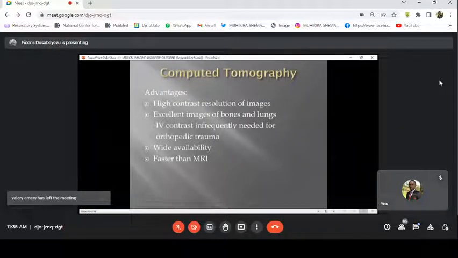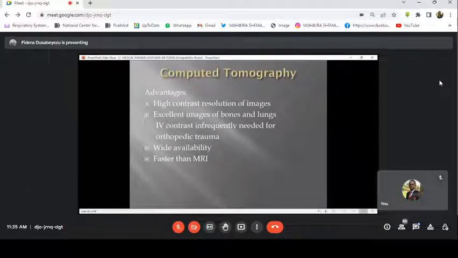Number four, it is now available. When I was at your level in medicine, I remember we didn't have any CT scan in Rwanda. But now we have a certain number. It's more than 10 cities in Rwanda. But at that time, there was no city at all.